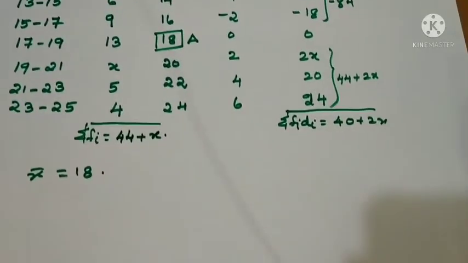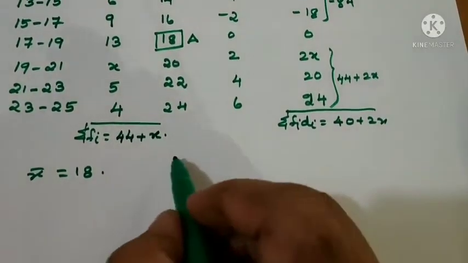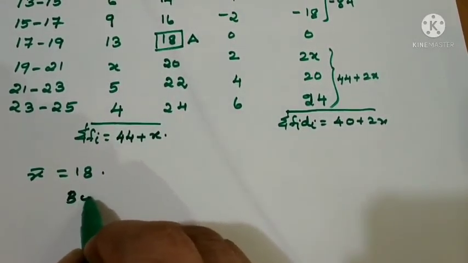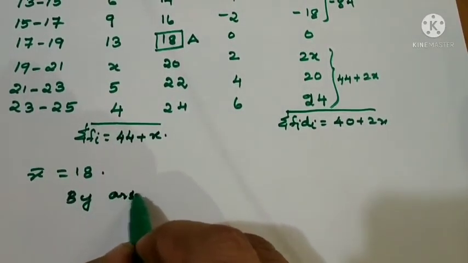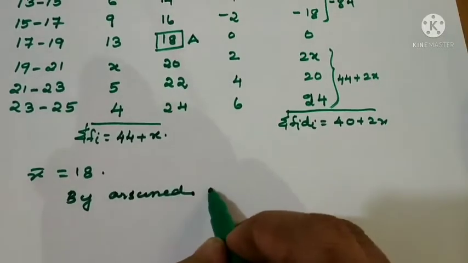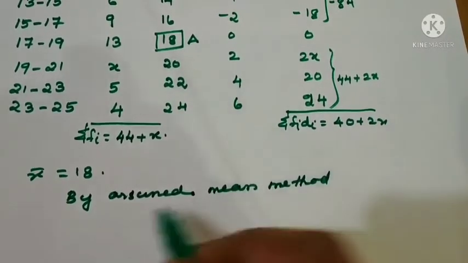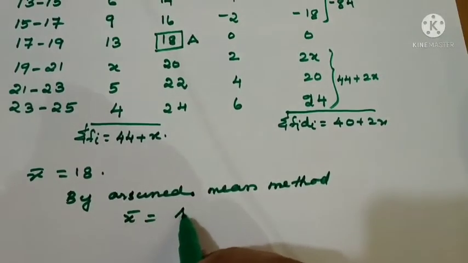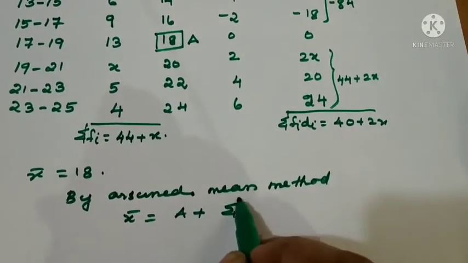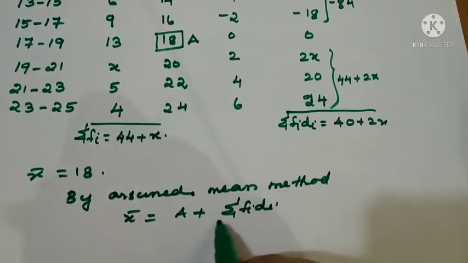Since the assumed mean method is used here, we'll write the formula. By the assumed mean method, x bar equal to a plus sigma fi di by sigma fi.